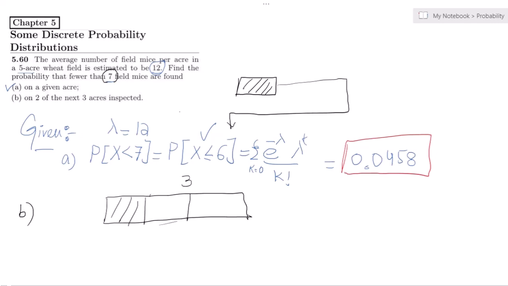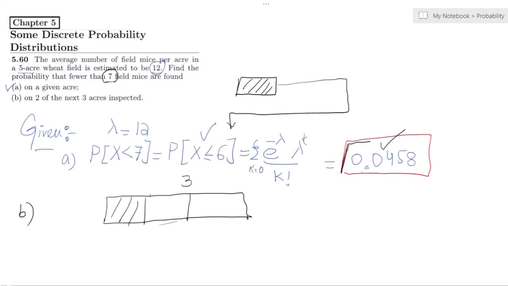We have found the probability for 1 acre, and now we need the probability that 2 of them will have this probability. This is clearly a binomial probability problem. We have to find the probability that x is equal to 2 from the 3, so we choose 2 from 3.